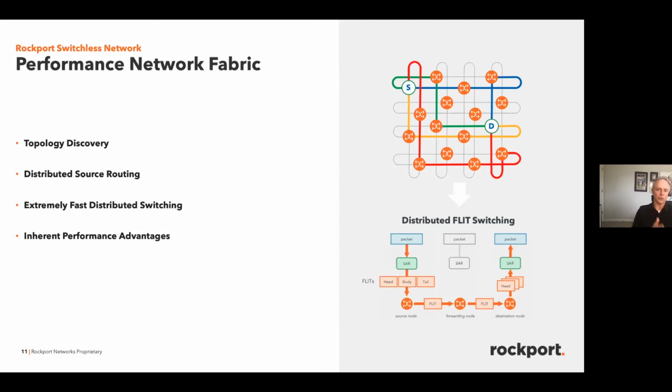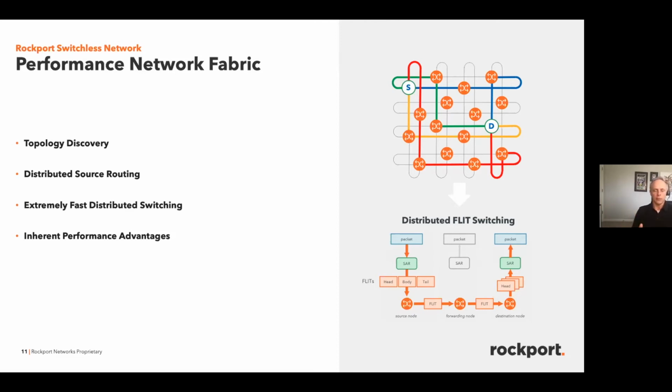But we forward the FLITs from card to card to get to the destination. When it gets to the destination, we reassemble that one frame and hand it back up to the host. So what the host sees is a 100% completely unmodified frame or packet when it gets to the destination. So we're not doing anything on what actually ends up in the host. All we're doing is we're chopping that up.